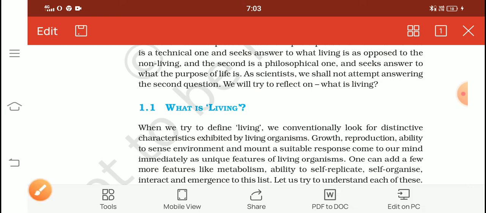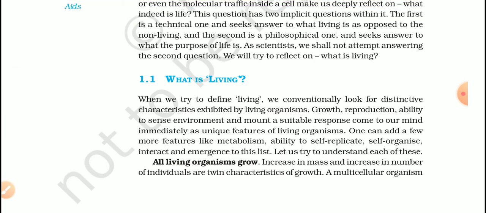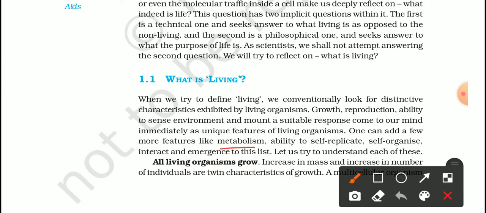These are the important things that will be present in a living organism. Other important features like metabolism, ability to self-replicate, self-organize, interact, and emergence are added to this list.